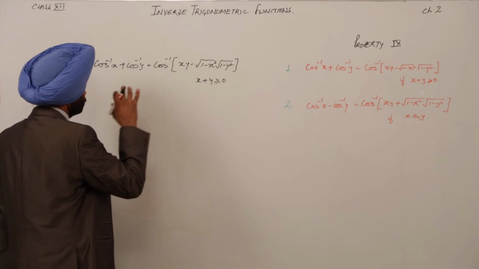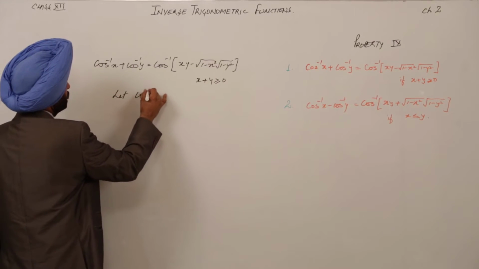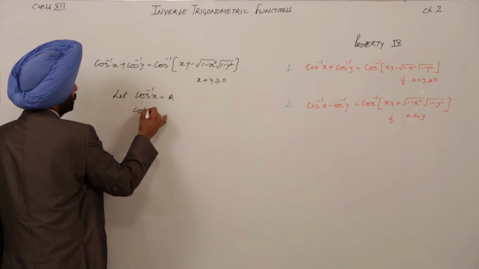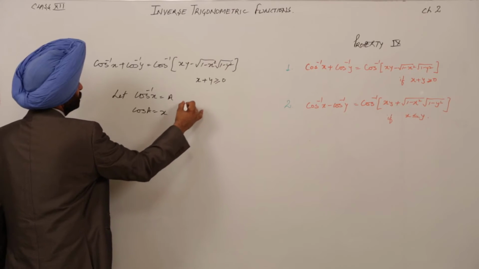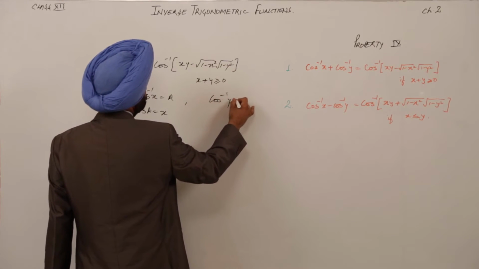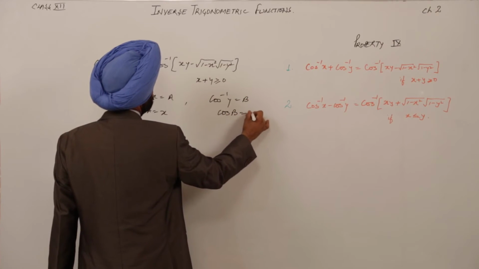Now first of all, let cos inverse x be equal to a, then cos a is equal to x. Similarly, we can write cos inverse y is equal to b and cos b is equal to y.